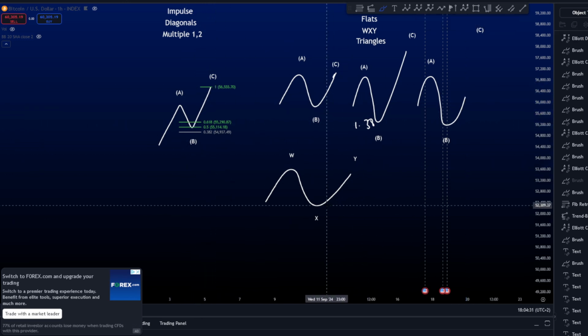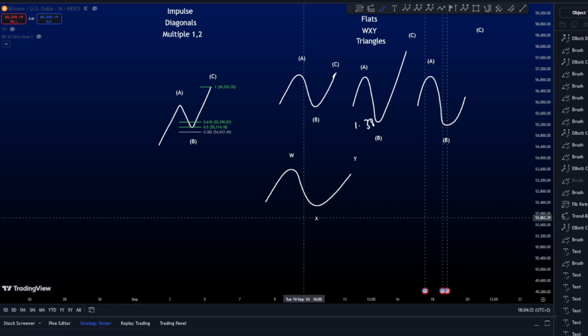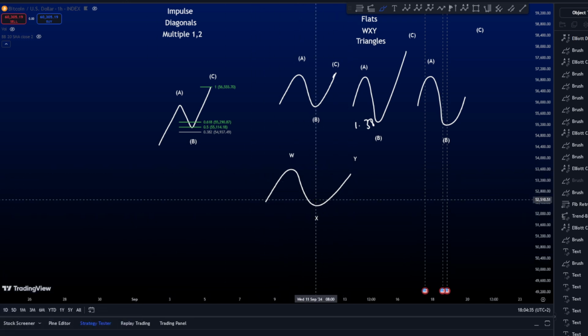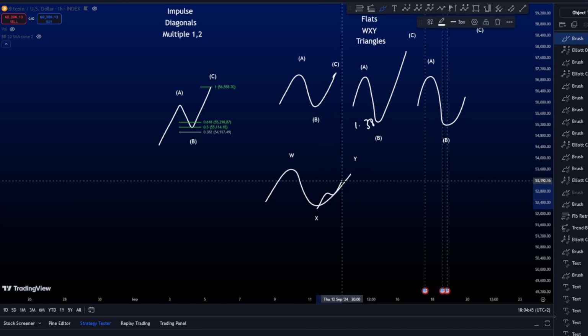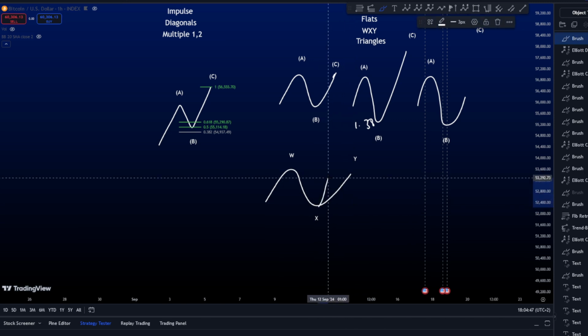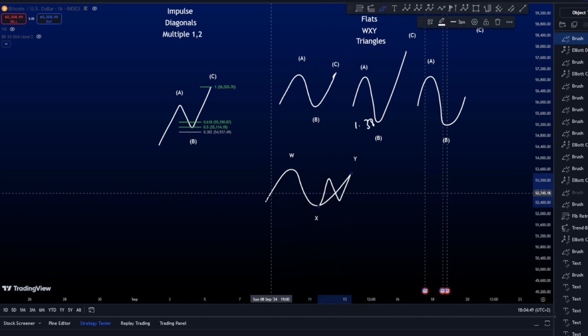Now, the WXY is the most risky and untradeable pattern, where you have a wave C that you think is wave C, which never ends in an impulse. It can simply end in a zigzag, 3 waves.